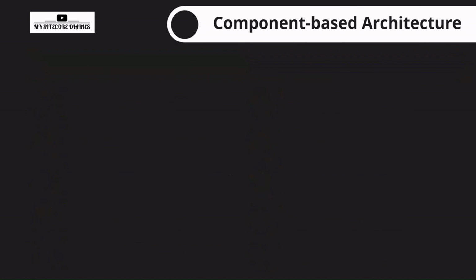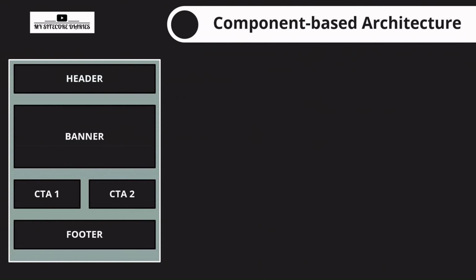Component-based architecture. Let's take an example of a page that includes header, footer, banner and CTA blocks. In a component-based architecture, we can divide this page into multiple reusable components.